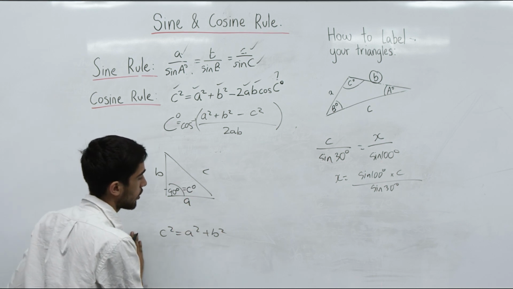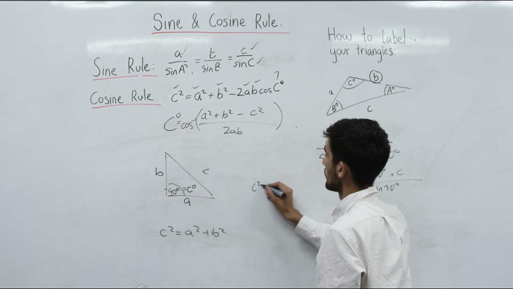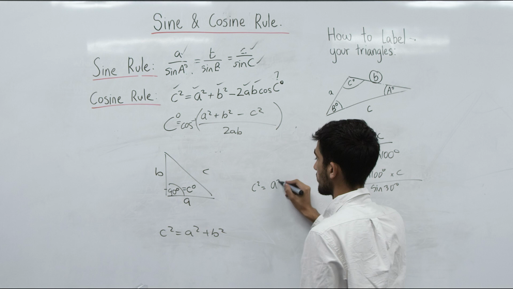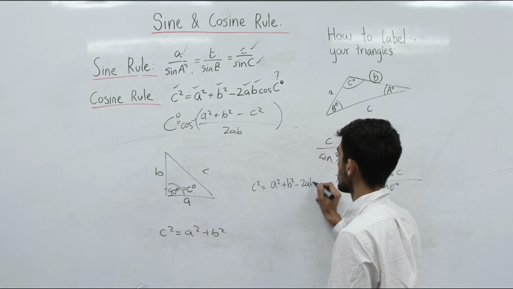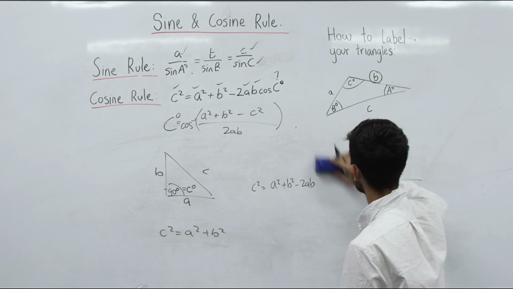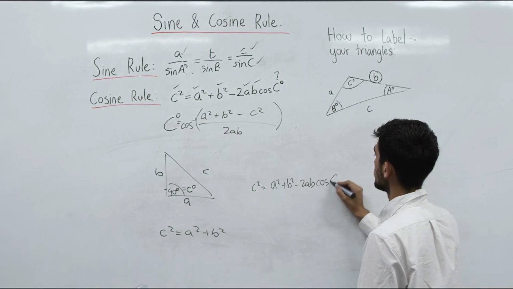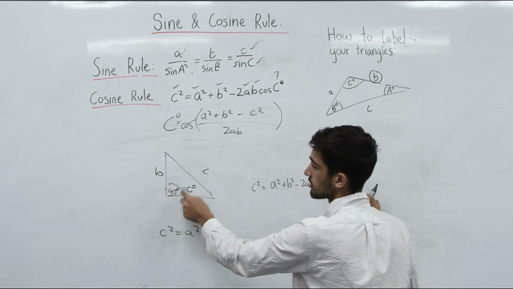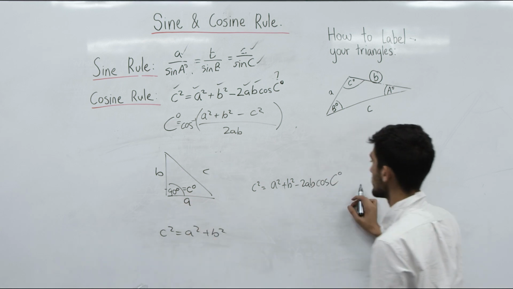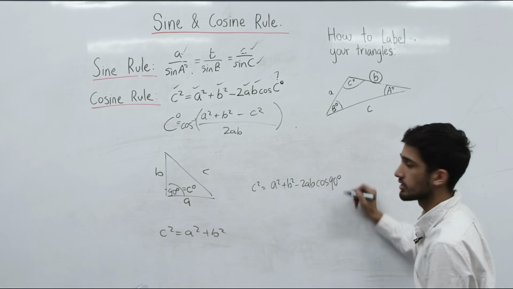So if we use the cosine rule, we can actually say that C squared equals A squared, whatever it might be, plus B squared minus 2AB times the cos of C. But because it's a right angle triangle, you always know that C is 90 degrees, so we can actually put in cos 90 degrees.